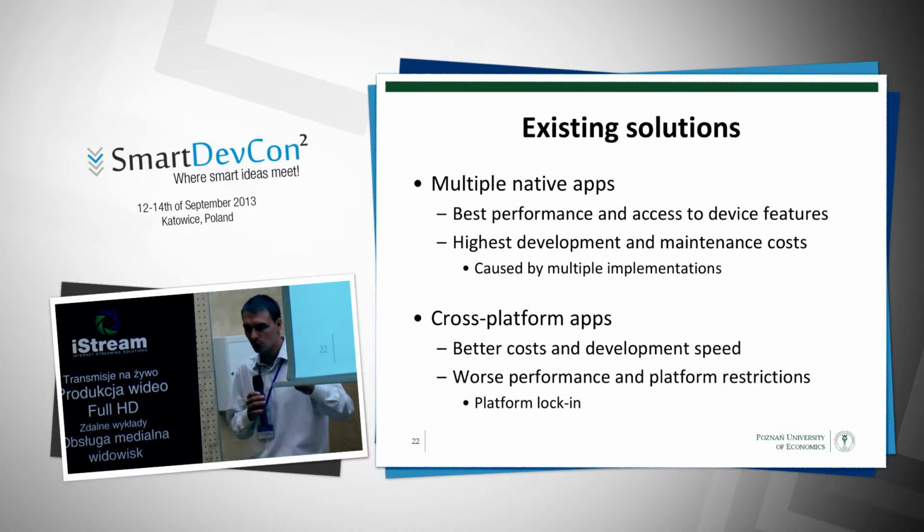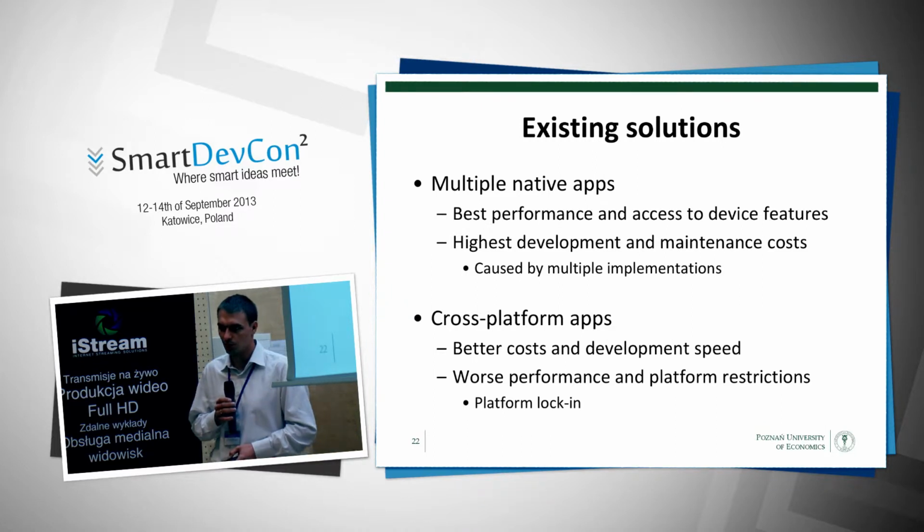So those two approaches to the problem of non-fungible devices have their drawbacks, which is the increased cost of multiple native apps, and worse performance and platform locking for cross-platform applications.